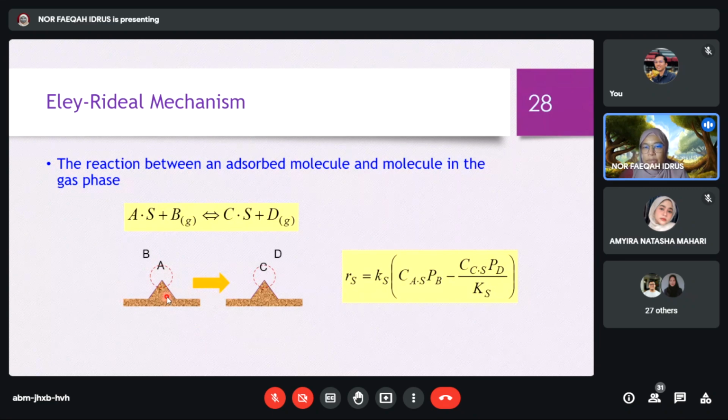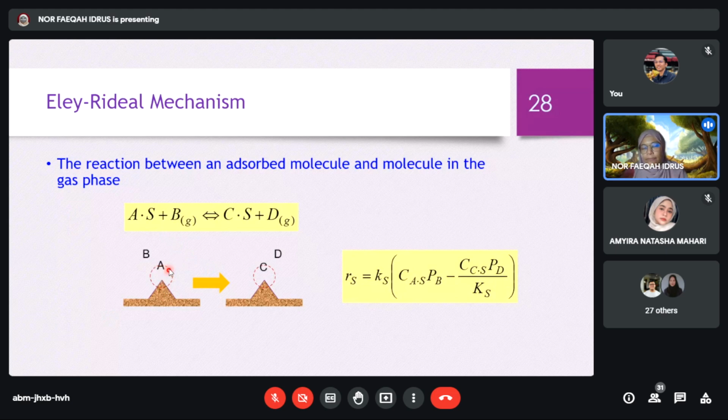And then during surface reaction, barulah gas B ni, molecule B in gas phase, is involved in the reaction. So without B, there is no reaction to occur because the basic for the reaction to occur, it must have reactant A and B. So without B, tak adalah reaction berlaku. Tapi only A yang adsorb to the active site.